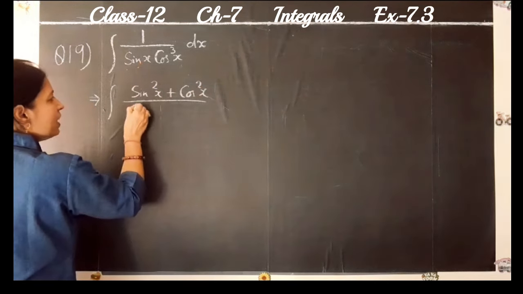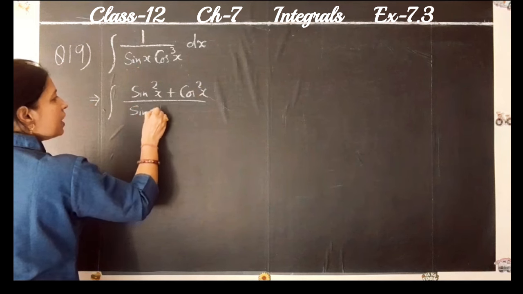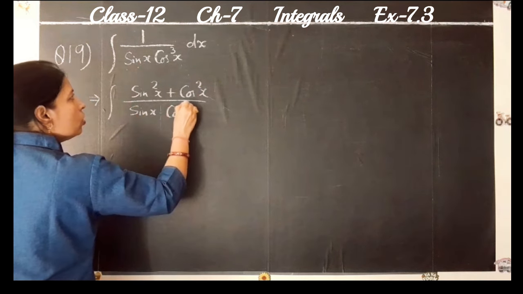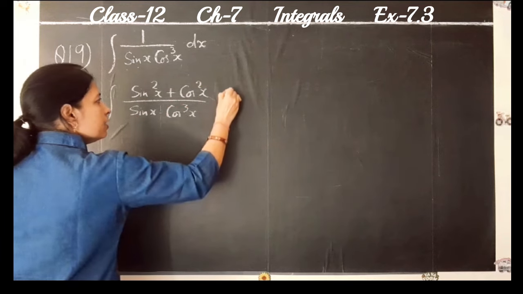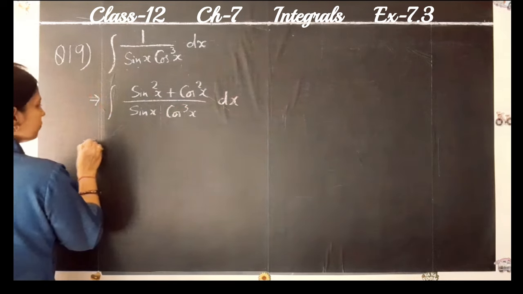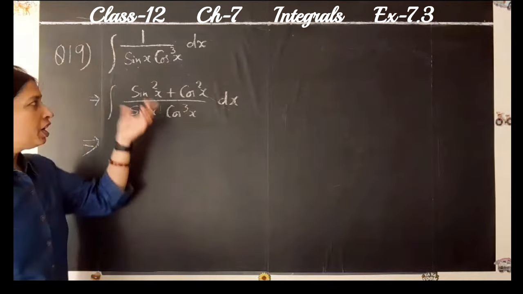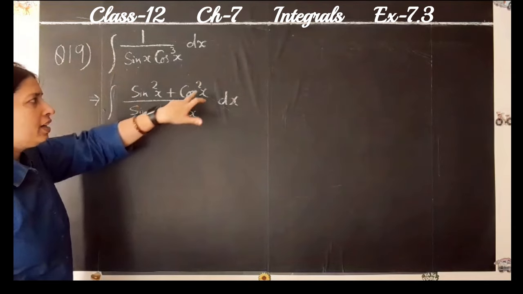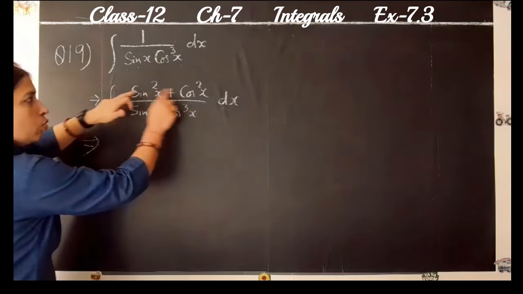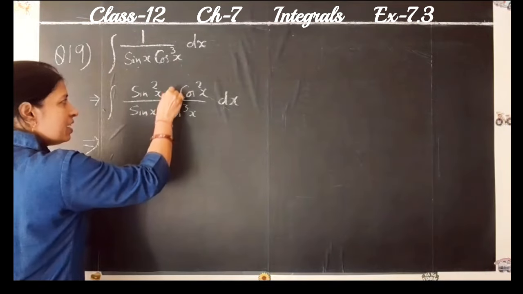And it is divided by sin x into cos cube x dx. Now divide this term by this and this term by this. Okay, here two terms are given and sin is given plus.